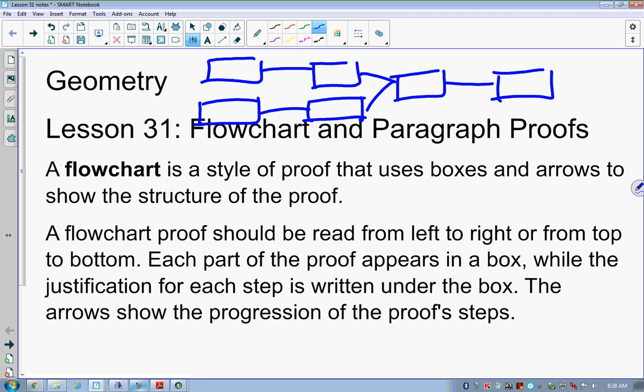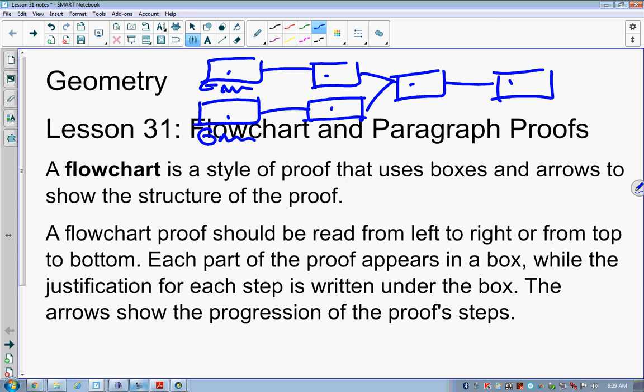So I may start off here with a given and start off here with a given, and this given up here leads to this next step, and this given down here leads to this next step. These statements lead to the same step, and from here I've finished my proof. So a flowchart shows visually how I'm getting to my end result, because sometimes we are given more than one given, but those givens don't necessarily lead to the same next step. Does that make sense?